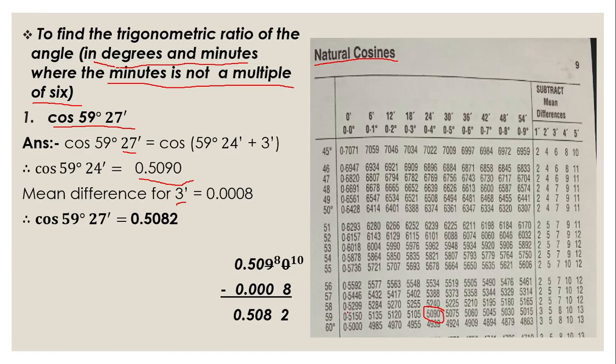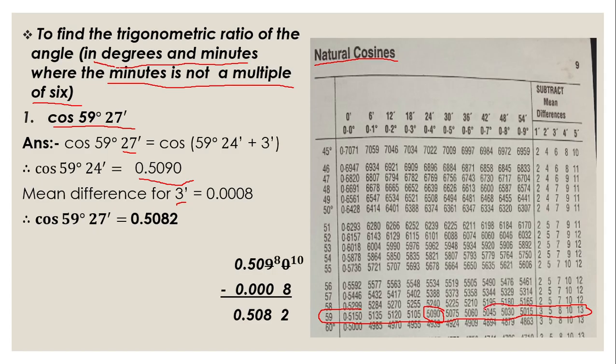After finding 59 degree, we have to go to the rightmost column. The rightmost column says mean differences and it has headings from 1 minute, next you have 2 minute, 3 minute, 4 minute and 5 minute.